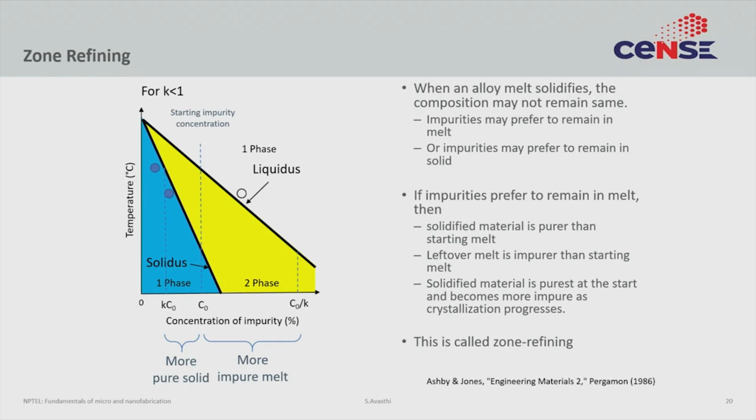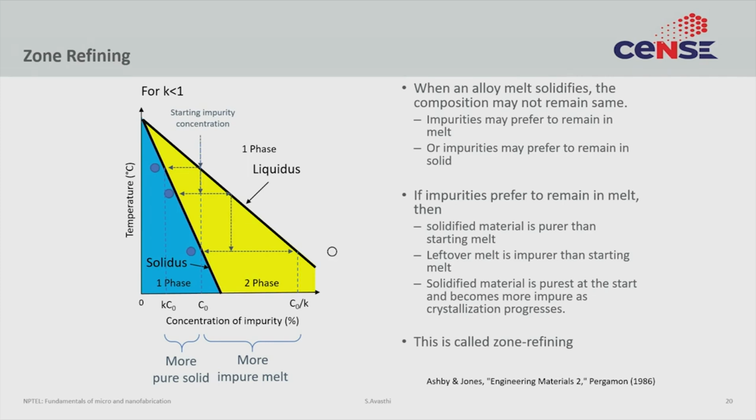Okay. This process is essentially called zone refining. You can continue to do this ad nauseum, and every time you would continuously form a purer version of the solid than what you started. So, the solid is purer, the liquid becomes impurer, right.